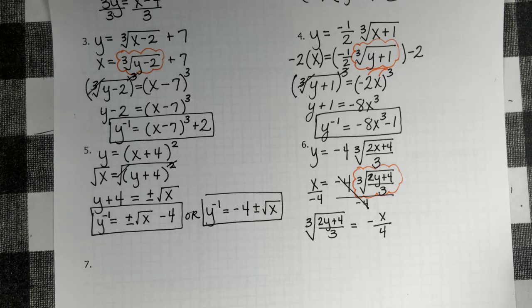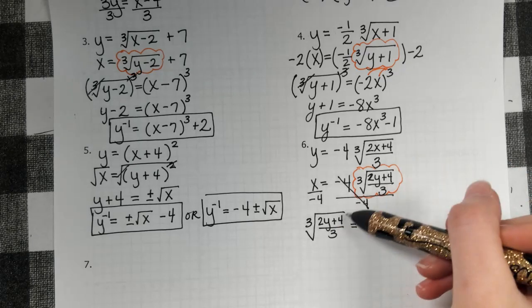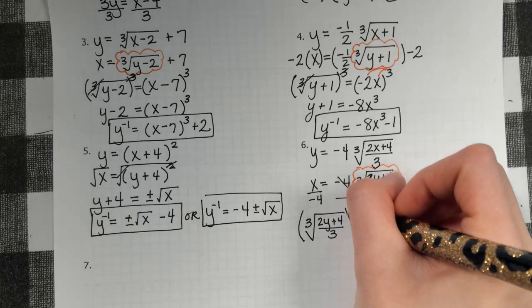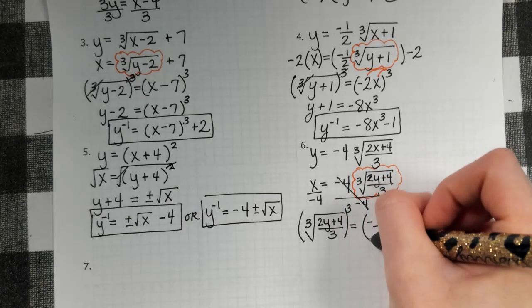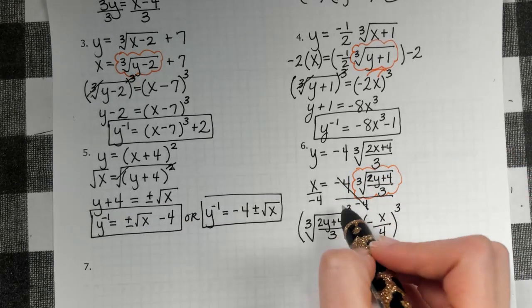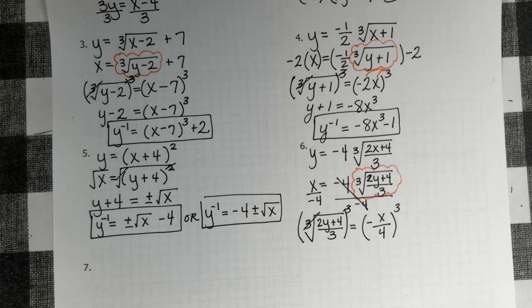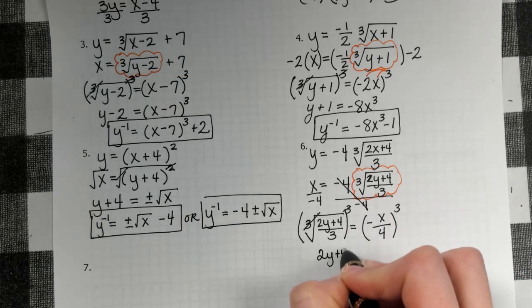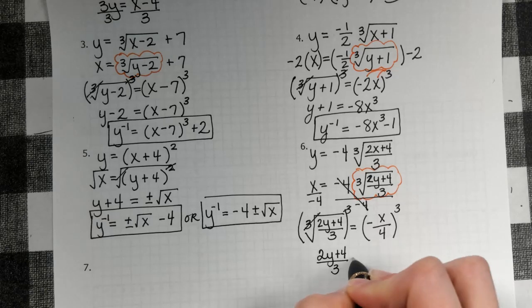Because what am I going to have to do with my very next step? I need to get rid of this radical to be able to separate that y. So if it's a cube root, I'm going to cube. Now you have to be careful with this. That will undo its radical, leaving me with 2y plus 4 divided by 3.